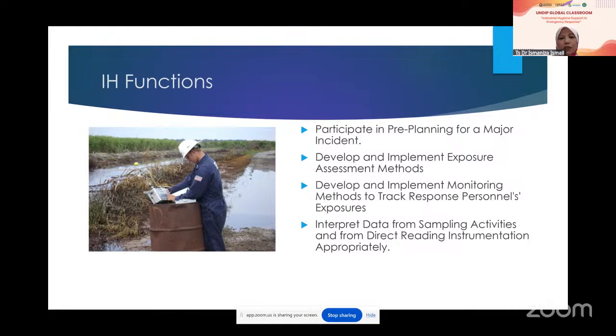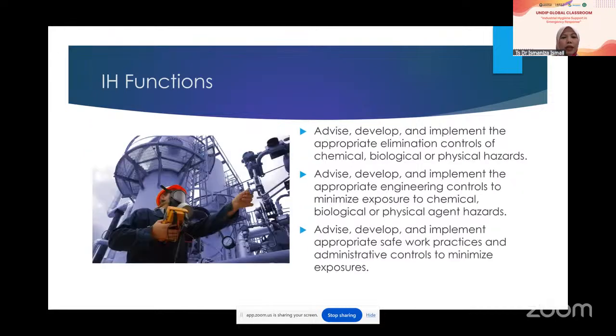So the next one is controlling. When it comes to this function, it is about eliminating. The best control is to remove the hazard completely, if you can. You know the hierarchy of controls? It begins with elimination.